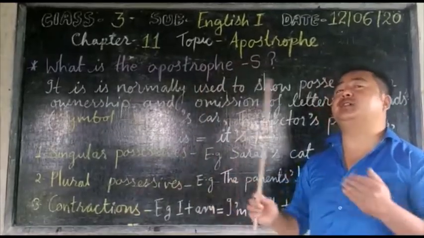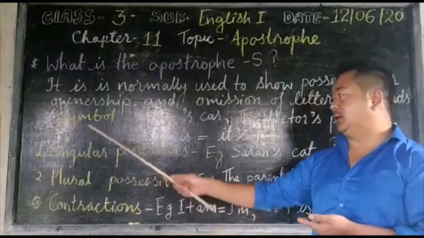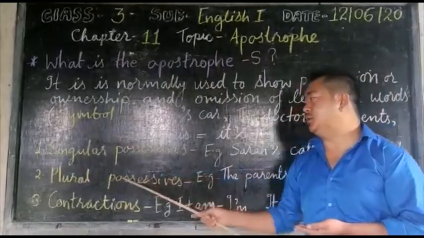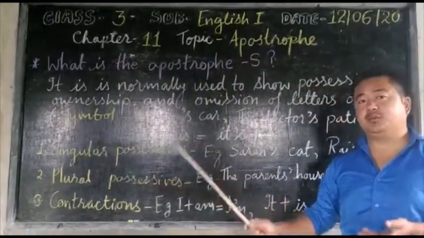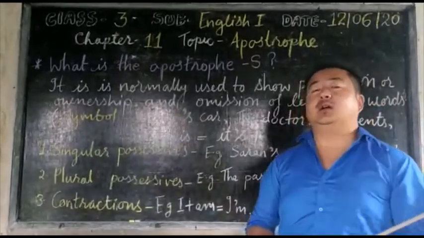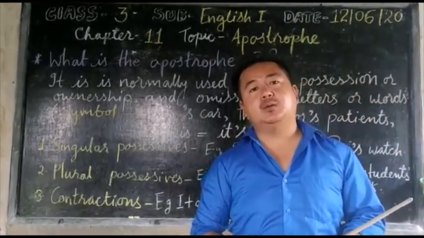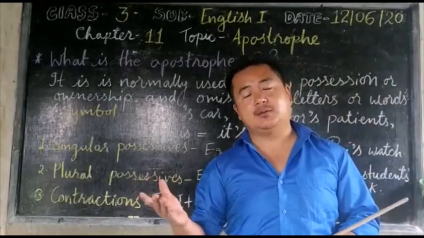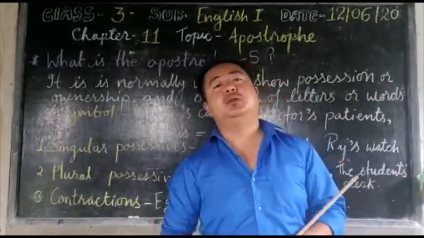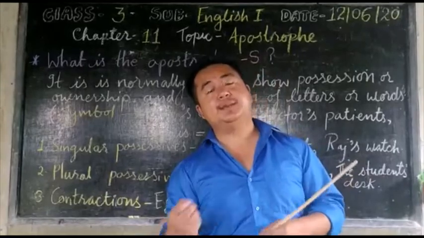But there is a difference in the other case, the case of plural possessive. Plural means many people own the thing, that means many people own the same thing.